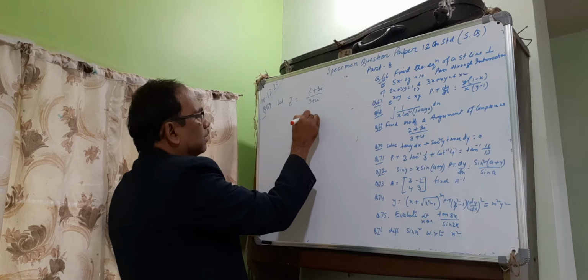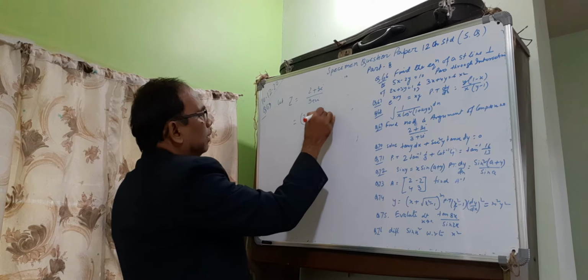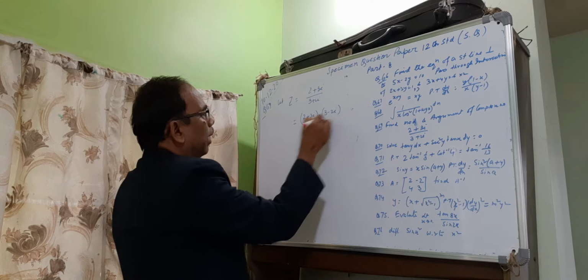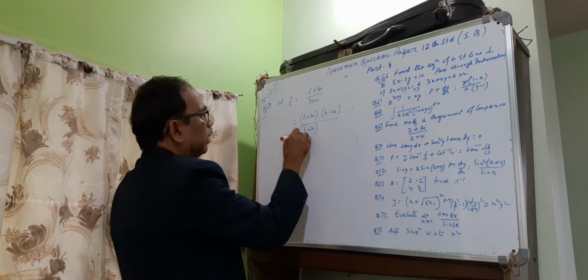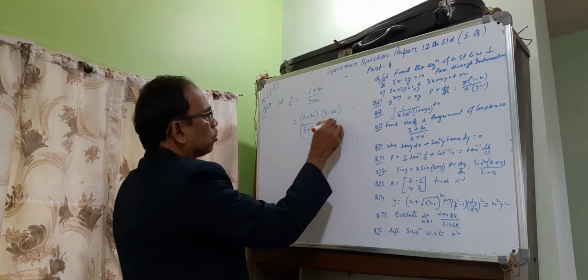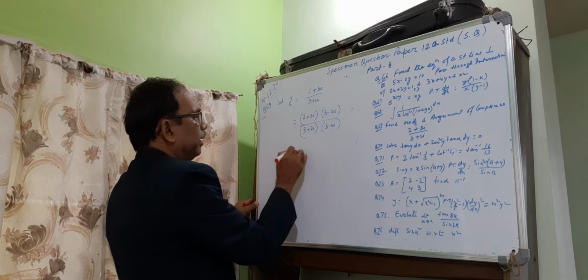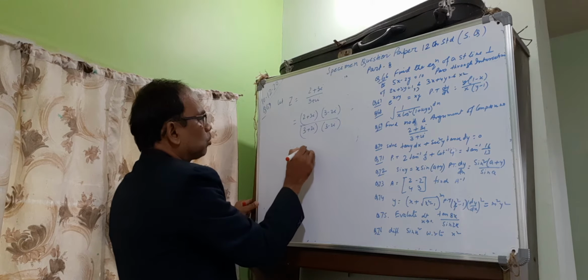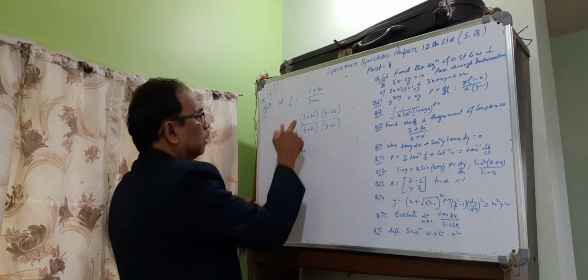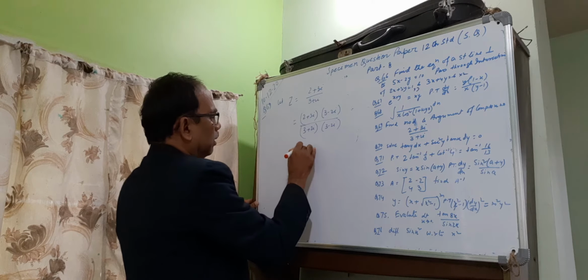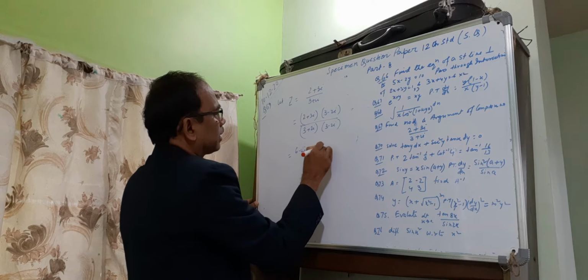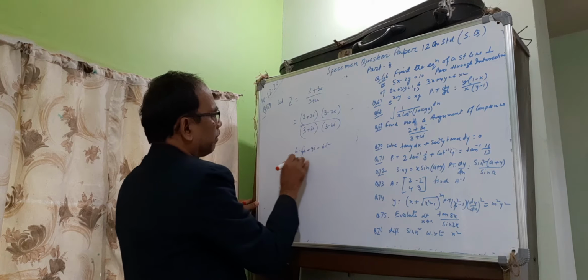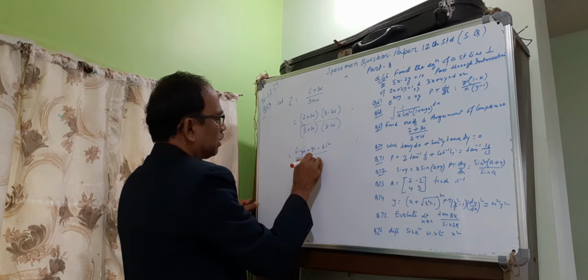(2 + 3i) by (3 + 2i) into (3 - 2i) by (3 - 2i), rationalizing. Then 6 - 4i + 9i - 6i² by 9 - 4i².